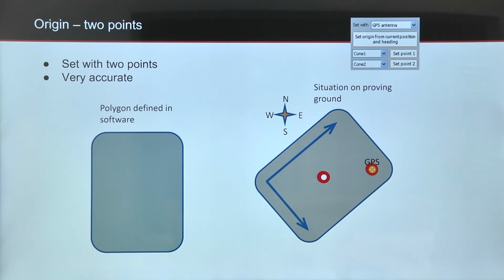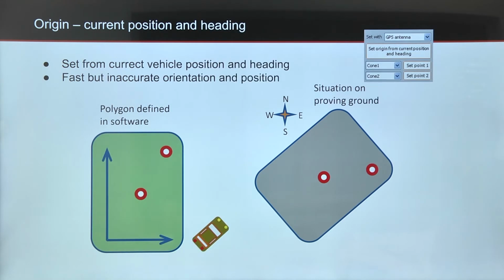We also have a second option, so we can set the origin from current vehicle position and heading. Now this is fast, but it can be very inaccurate because even small mistakes can lead to big position and heading errors.